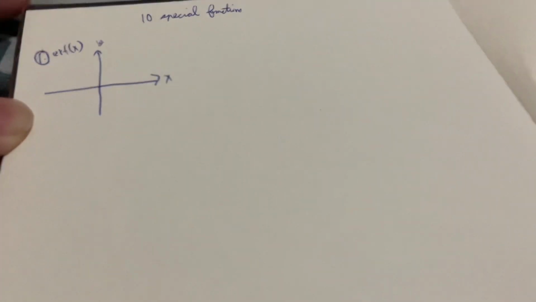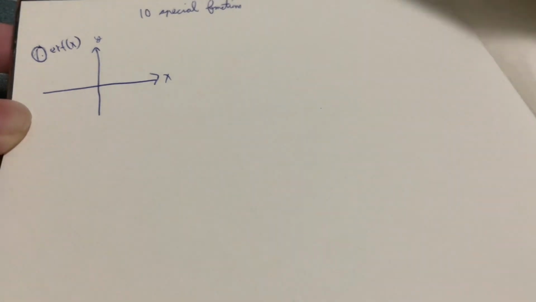This is the erf function. So the graph of the erf function is like this. Don't forget to put the x and y axis. From here, it approaches 1, but not exactly 1.